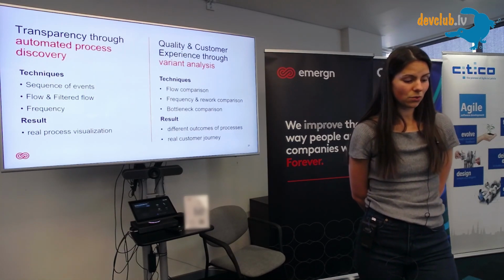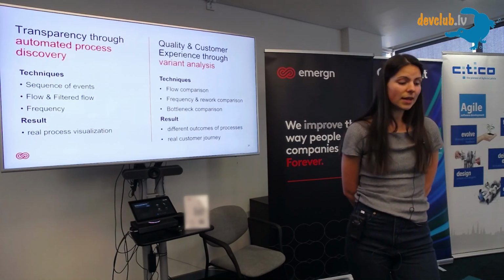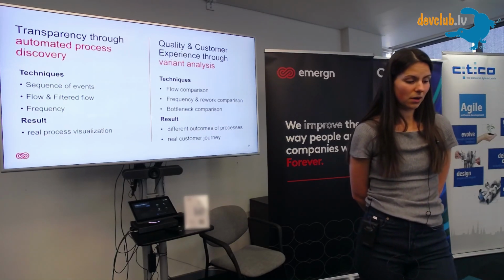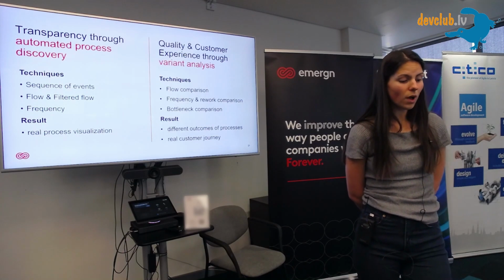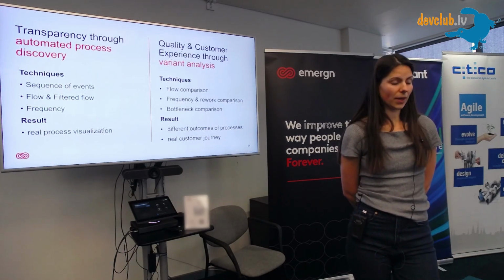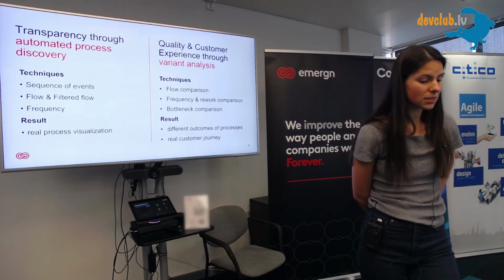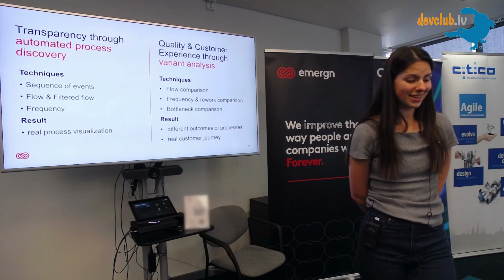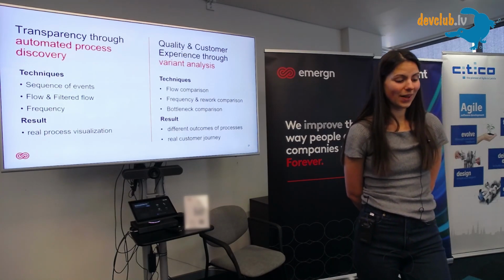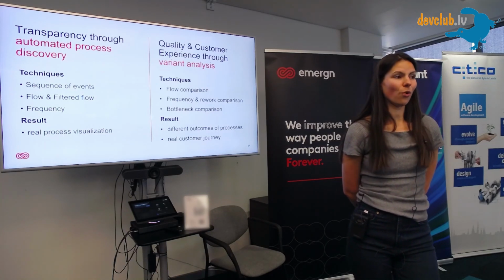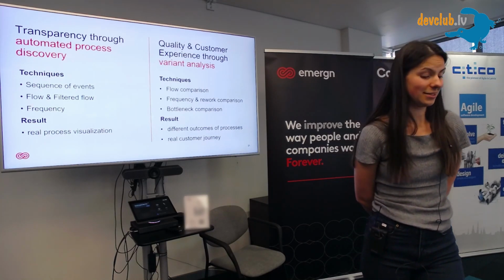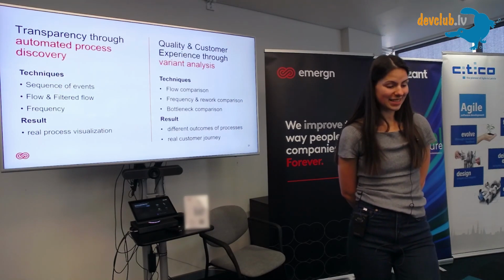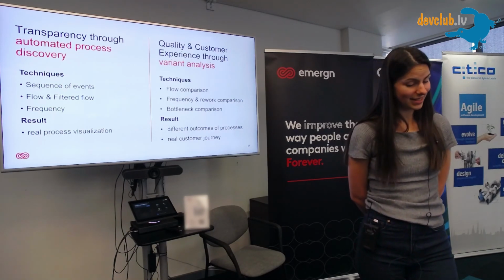We can analyze the sequence of events, we can filter our flow of activities, and we can analyze this flow and frequency of events. Actually, it will lead to visualization of a real process, which is a very important step for process analysis.